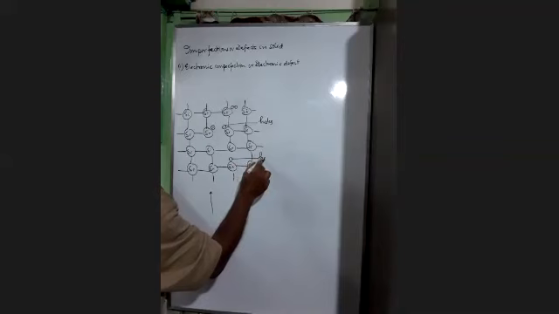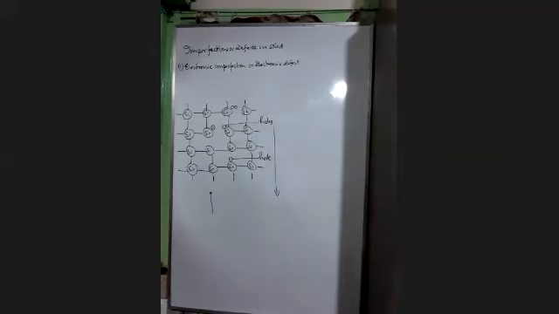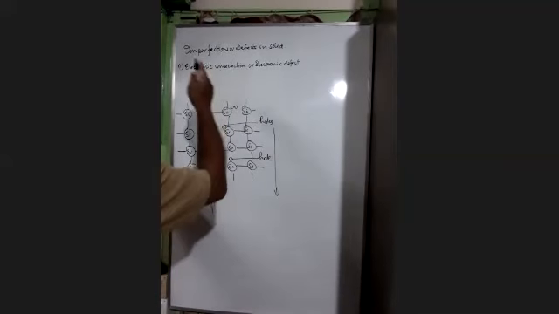These empty places are called holes. Which way is the hole moving? In this direction. Which way is the electron moving? In the opposite direction. So ultimately, you will find it is going to conduct electricity.